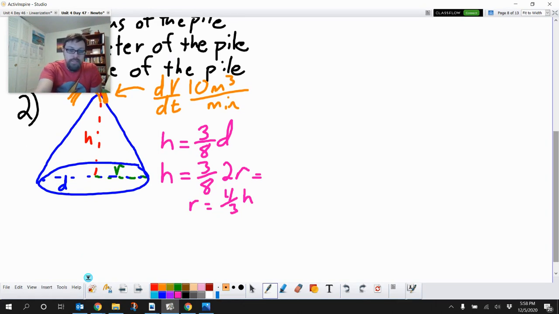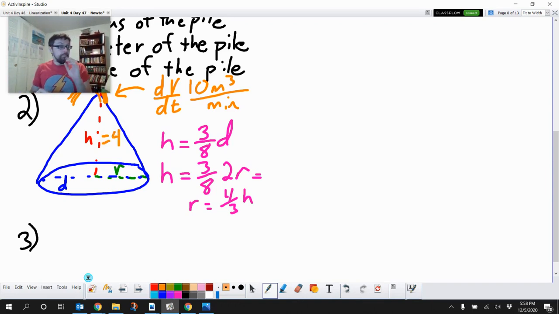Now it's time to identify, okay, what are we looking for in this problem? We can find that usually right at the very end. How fast are the height and radius changing when the pile is 4 meters high? Oh, we forgot about that. We're interested when h equals 4.